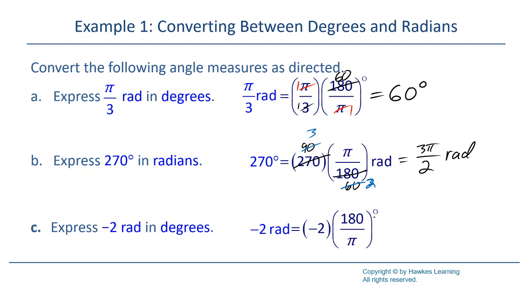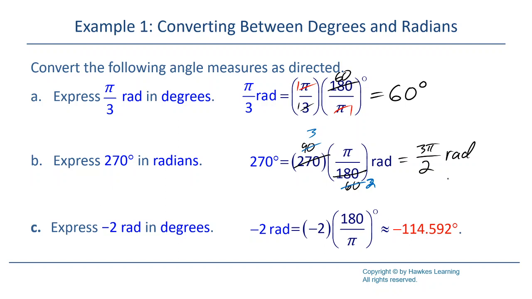That's fine. That's approximately negative 114.592 degrees. So it's just going to be represented a little bit differently. Typically, if you don't have pi in your radians, approximation is typically what you want to do to get at least some idea of about where it is.